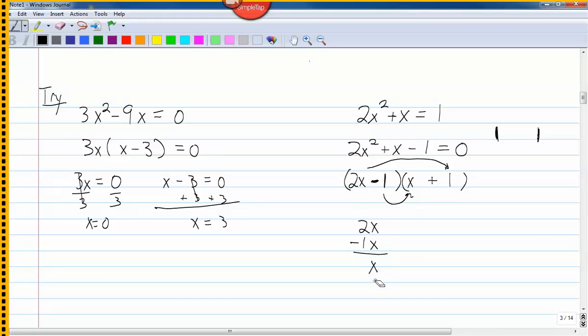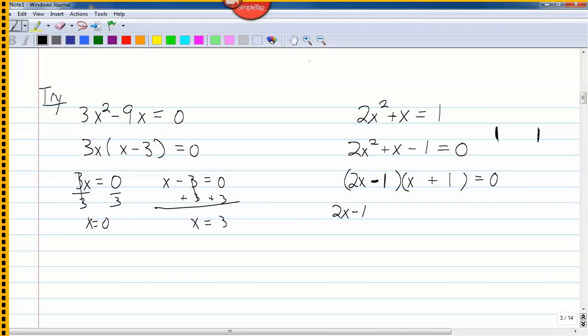Alright. Since I know that I factored correctly, now I'm going to come back. I have this thing set equal to 0. I'm going to set each factor equal to 0 and solve. So 2x minus 1 equals 0. x plus 1 equals 0. Alright, so add 1 to both sides.